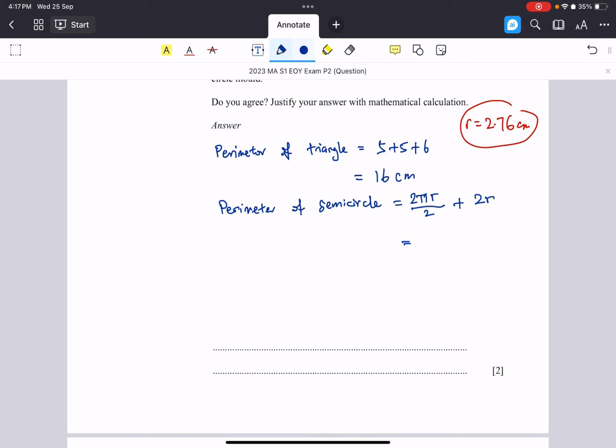I'll get something like 14.2 cm, to 3 significant figures, of course, because of the pi, so it's not exactly a rational number. So it's around there, 14.2.